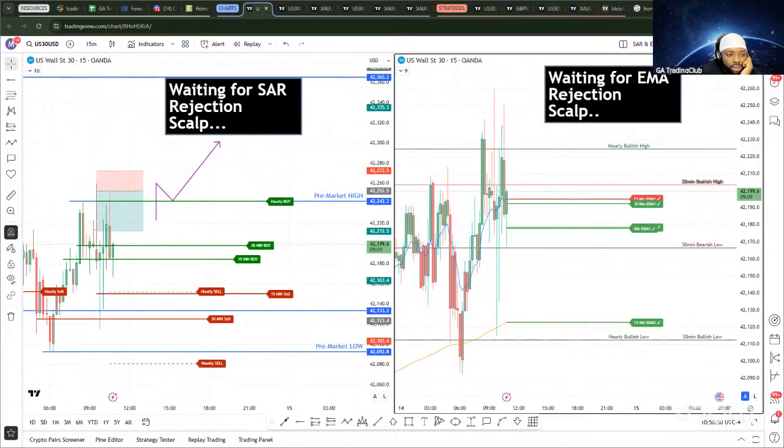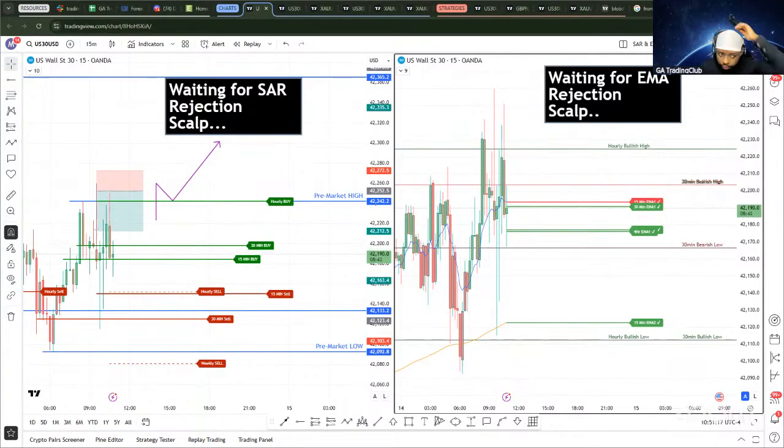But even just thinking about it logically, we've already formed a 15-minute SAR rejection, and we've already formed a 30-minute one in and around market open. So unless we get a big spike in price, the probability of forming that right now is pretty low. So honestly, I don't see anything else here to take.